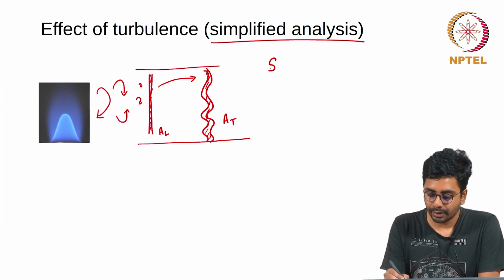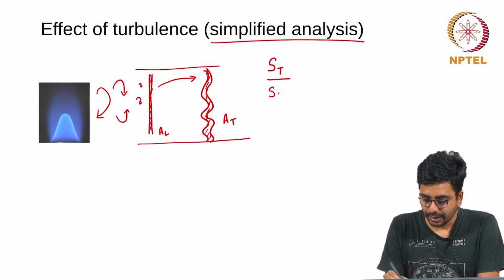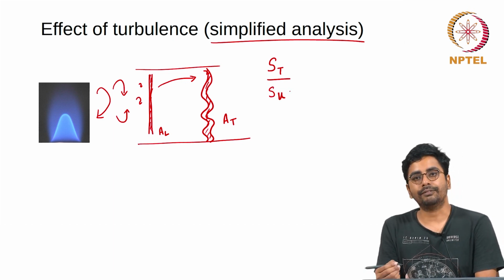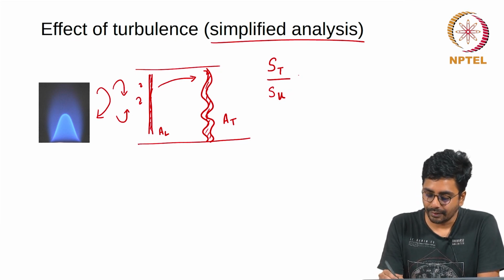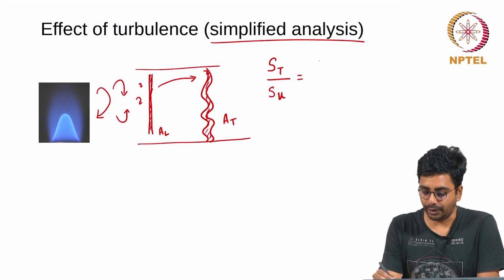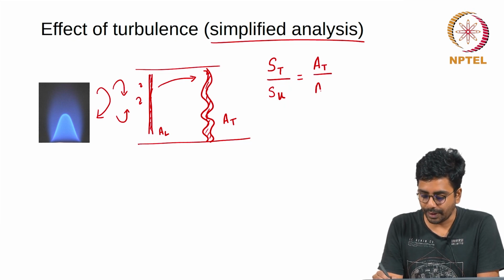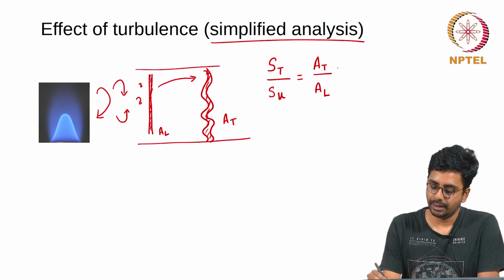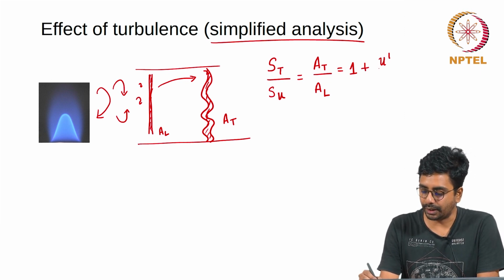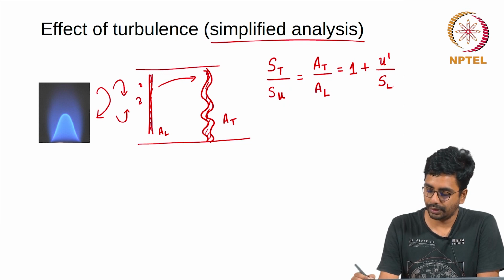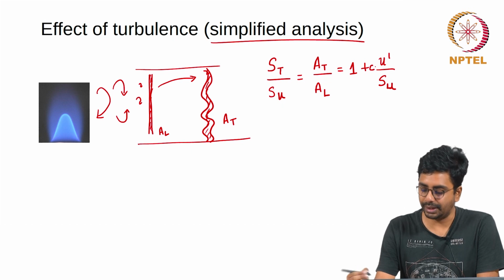So one simple way to show this is, the flame speed in the presence of turbulence is enhanced from the laminar value because of the increase in the flame surface area, okay. And the increase is typically proportional to the intensity of turbulence, usually some constant here.